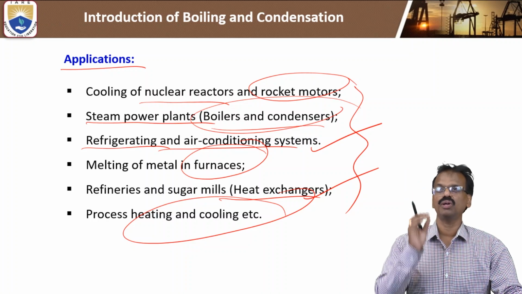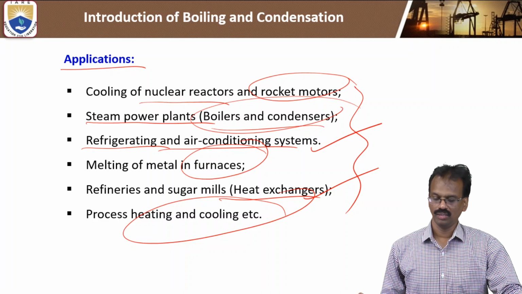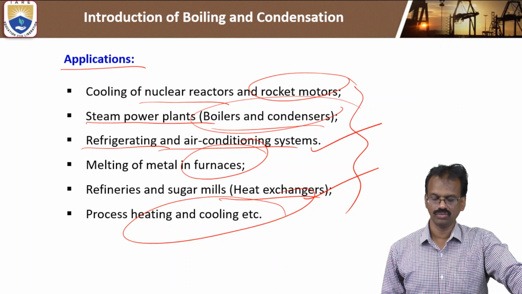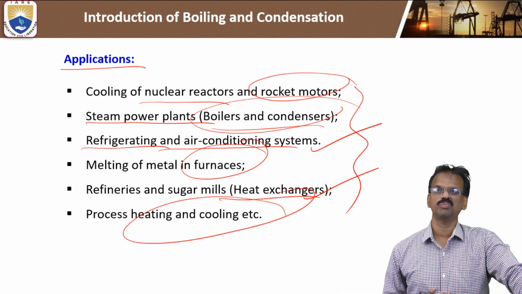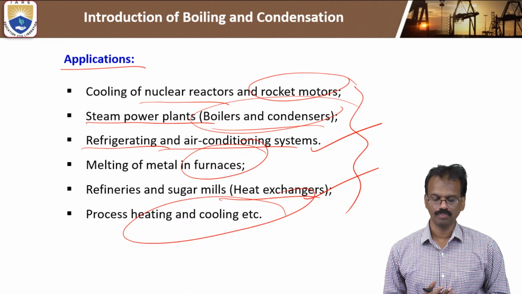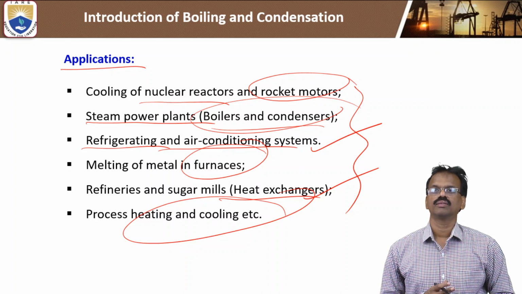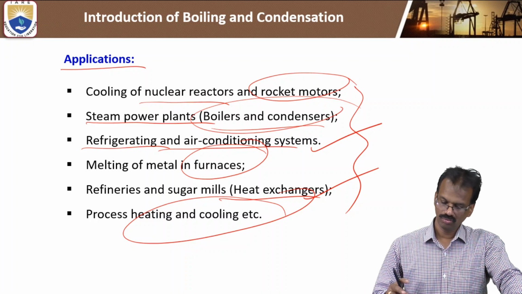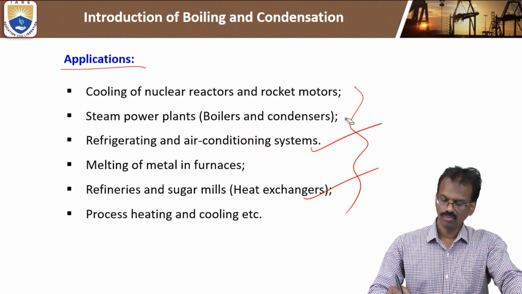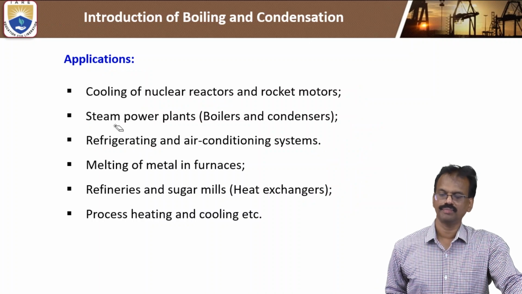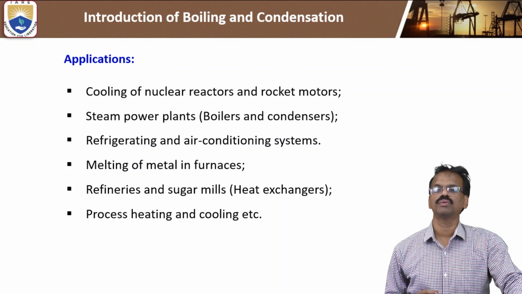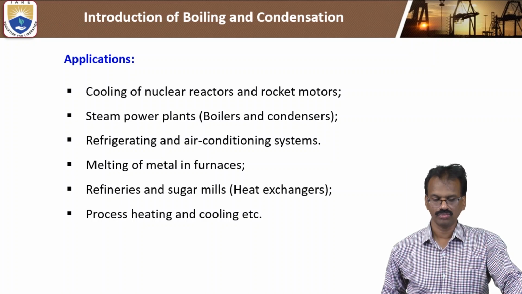So we can see boiling and condensation applications are very high in different areas: nuclear reactors, rocket motors, steam power plants, AC systems and furnaces. So how to study this topic, boiling and condensation, because it has huge application in different areas.